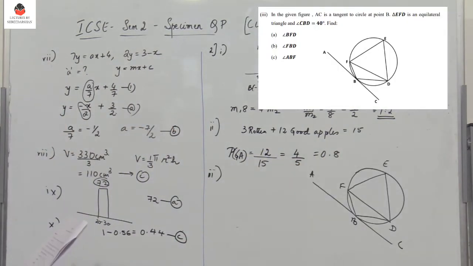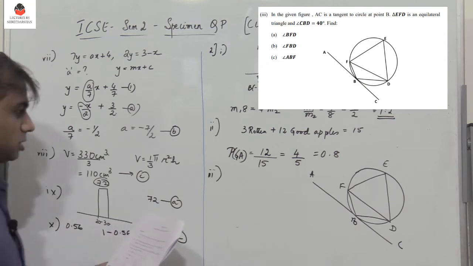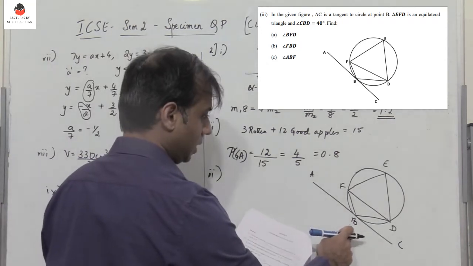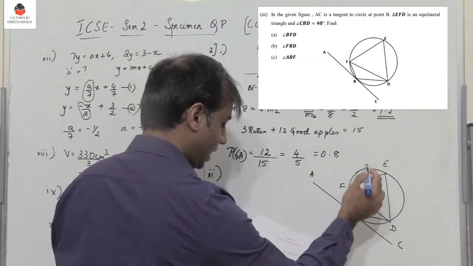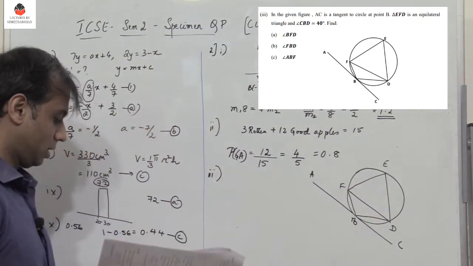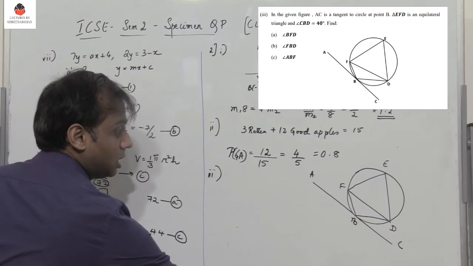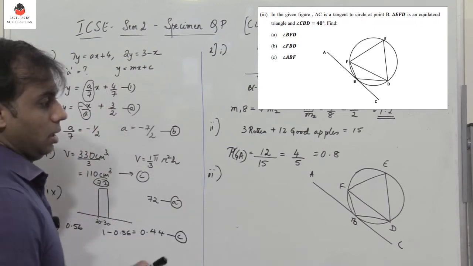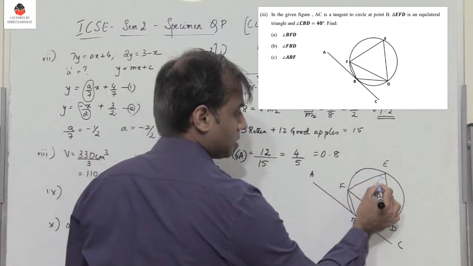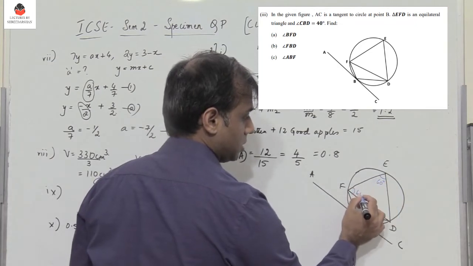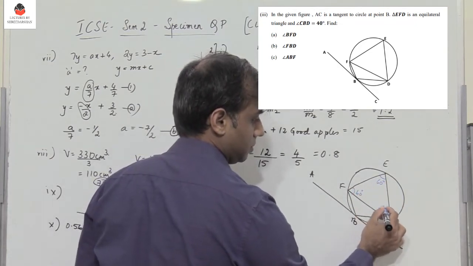Now the third problem. In the given figure, AC is the tangent to the circle at point B, and you have triangle EFD, which is an equilateral triangle, right? So since this is an equilateral triangle, all the angles would be 60 degrees. So you have 60, 60 and 60 here.